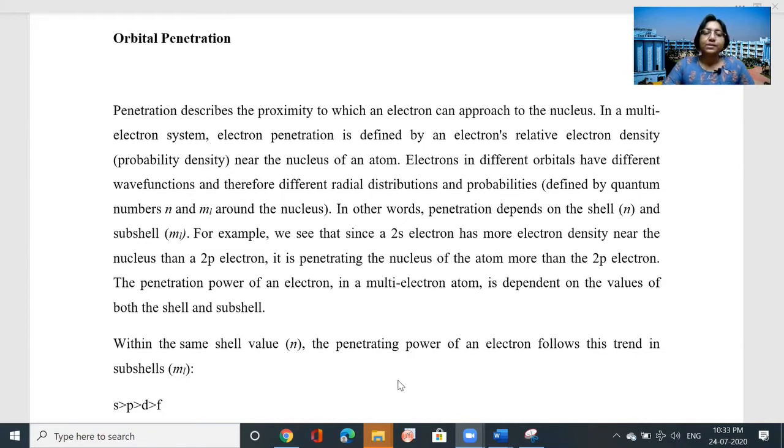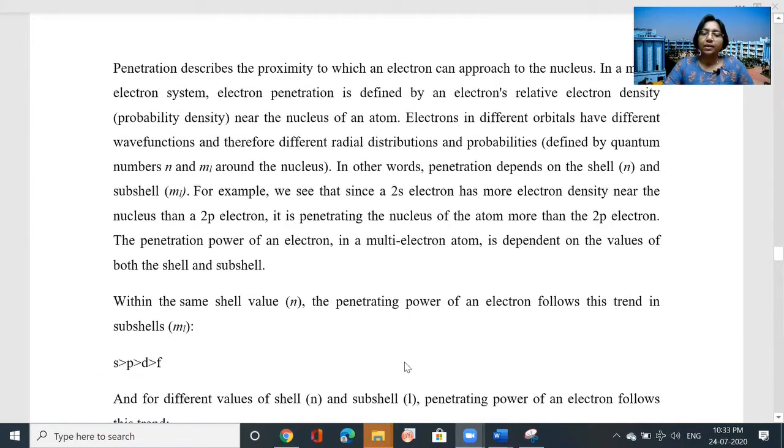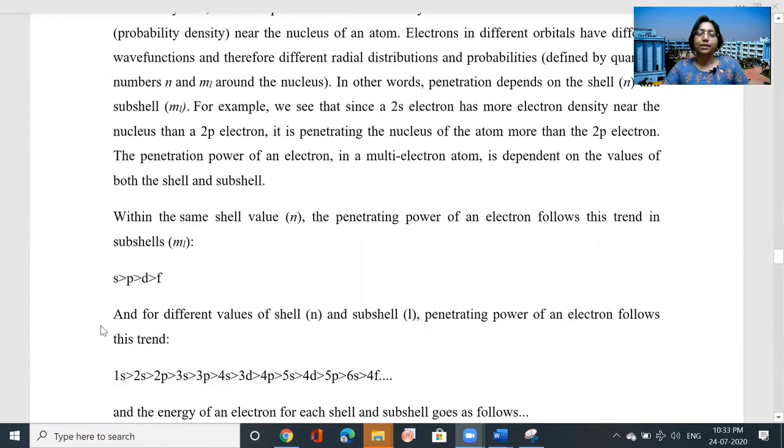Within the same shell value n, the penetrating power of an electron follows the trend of the subshell. You know that the subshells are s, p, d, f, and you have seen their shapes in atomic structure, s being spherical.